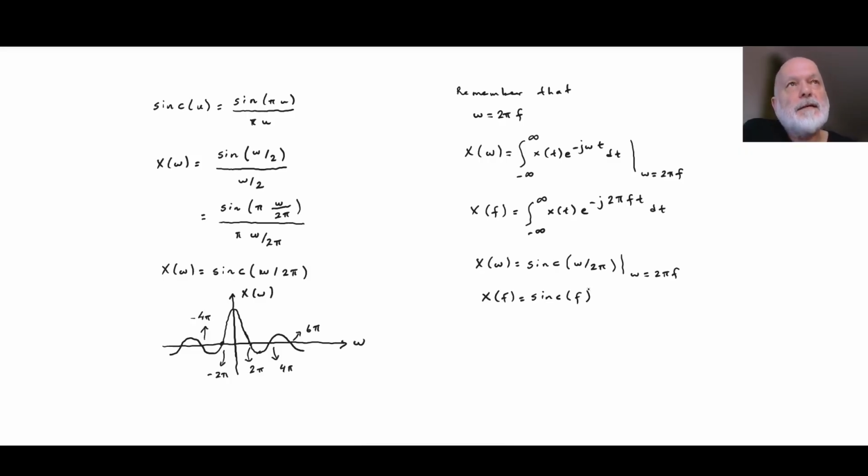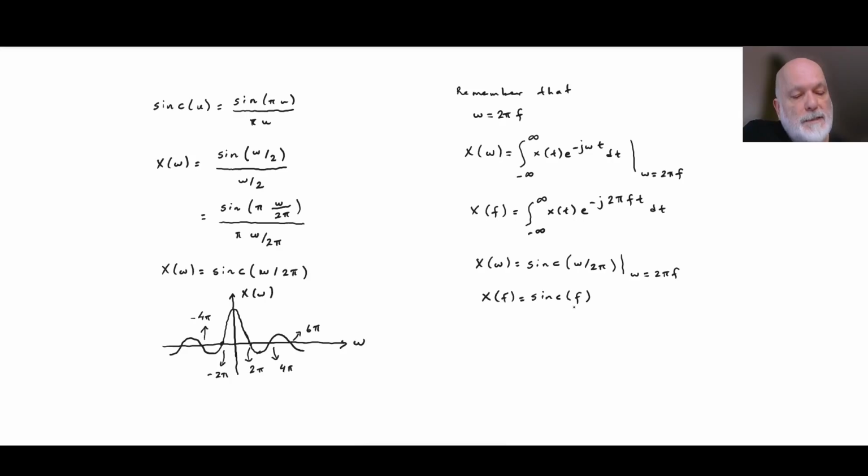So this is a result which is very easy to keep in mind. So the Fourier transform of rect of t, which is the rectangular pulse, which is non-zero between -1/2 and 1/2, is equal to sinc of f.